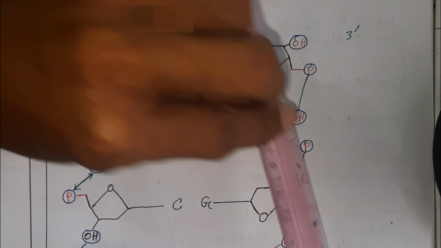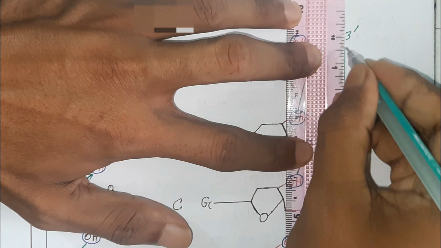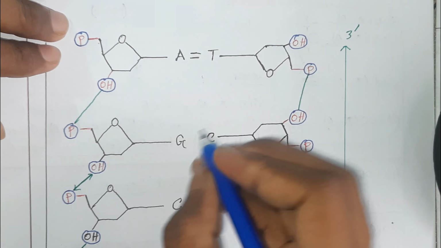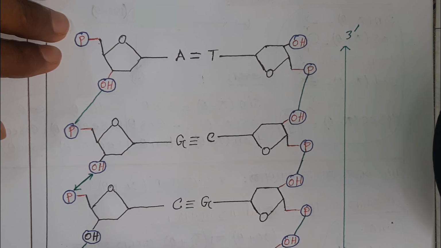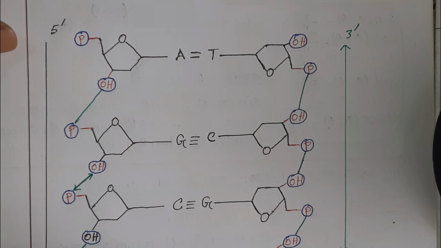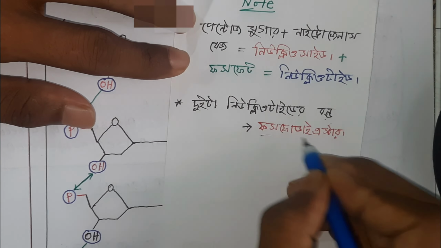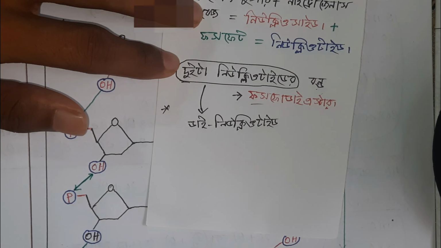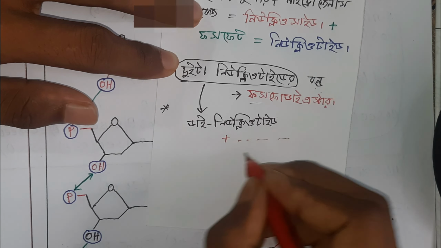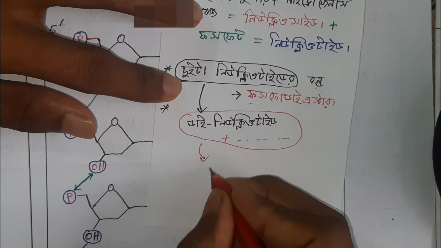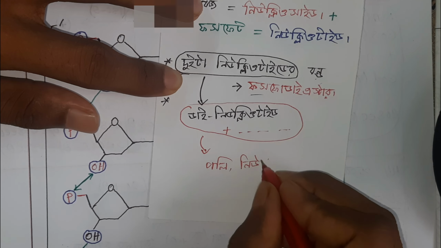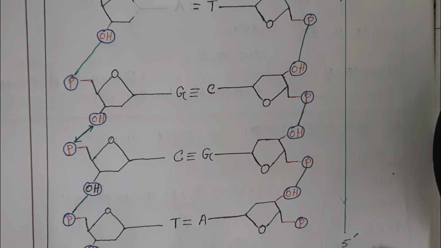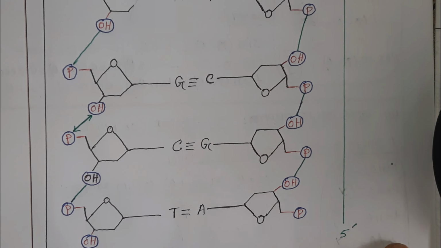In the second strand, in the fourth nucleotide we can see the OH group is not connected with another nucleotide, so it is the 3' terminal, and in the first nucleotide the phosphate group is not connected with another nucleotide, at the position of carbon number 5, so this is called the 5' terminal. We can also note that when all the nucleotides are connected with each other, it is called a polynucleotide.